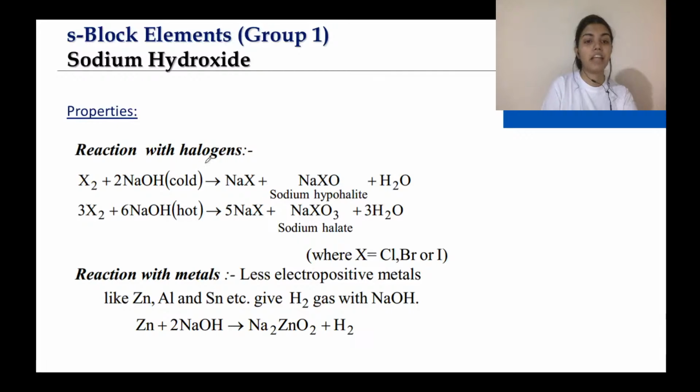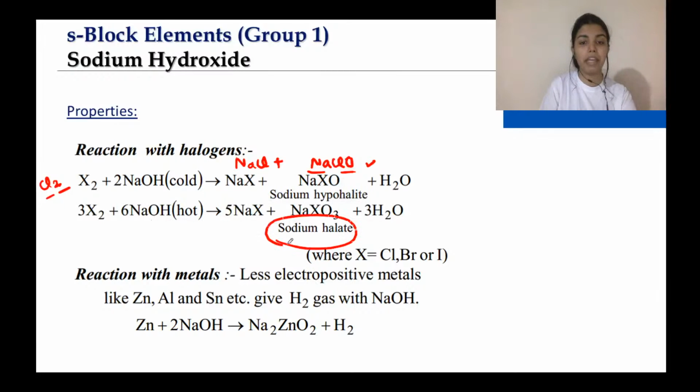Now next is the reaction with halogens. With halogens, if you are taking cold NaOH and reacting with, let us say, Cl2, you will get NaCl plus sodium hypohalite, that means NaClO. Now if you treat it with hot NaOH, then it will give you sodium halate, that means NaClO3.